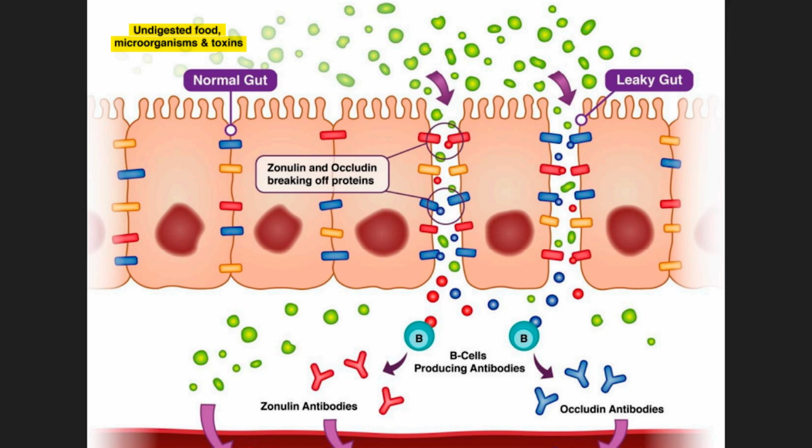I ate a food and now I've had bloating, pain, diarrhea, brain fog, or maybe the next day I noticed joint pain or a breakout of some sort. But beyond food, there's also microorganisms and toxins that are always kind of flowing through. But when the gut barrier is compromised, these things leak through and then the immune system reacts with inflammation. So this is what we're assessing with zonulin.